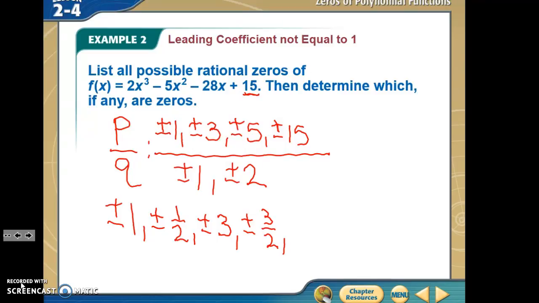We have plus or minus 5 over 1, and then plus or minus 5 over 2. Then plus or minus 15 over plus or minus 1, and plus or minus 15 over plus or minus 2. How are we feeling about that?